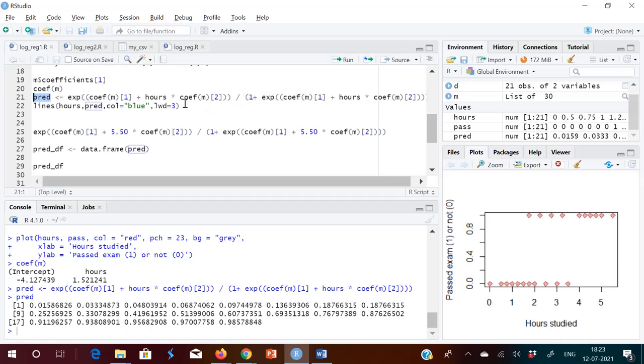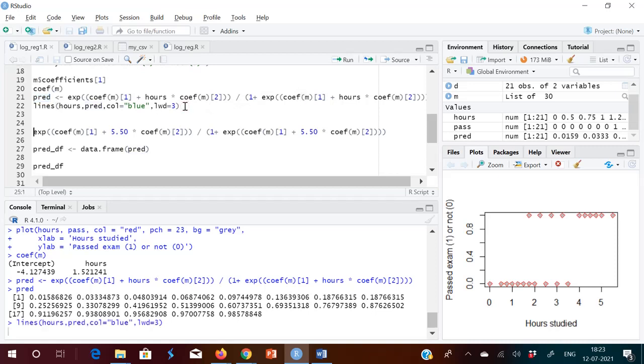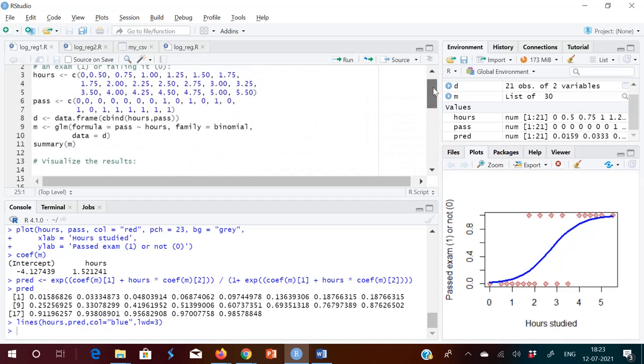Now I'm going to add this line to the figure. This is called a sigmoidal curve, related to the binomial distribution. Suppose you want to see 0.98.